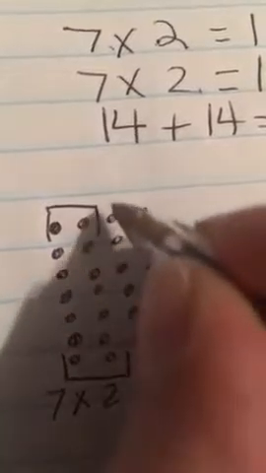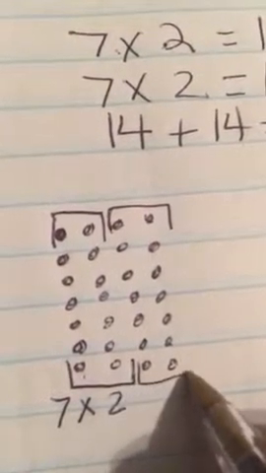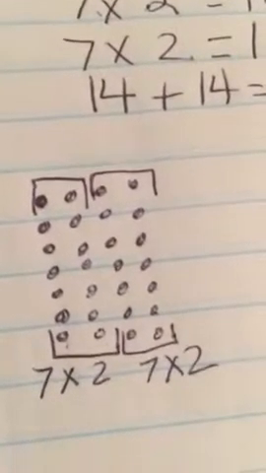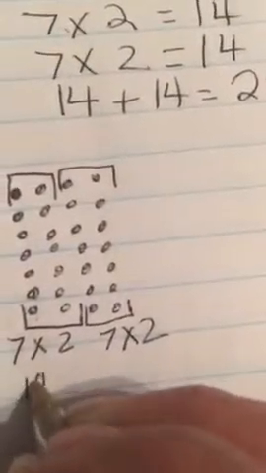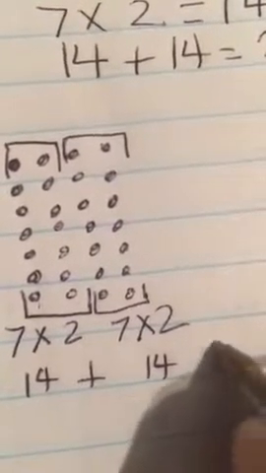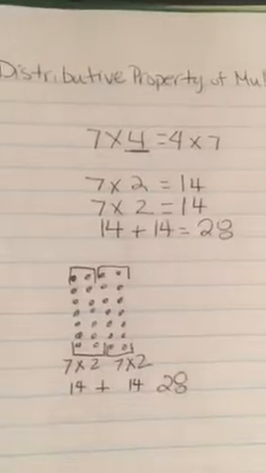That's how I would get my 14, and then this is again broken up, so that would be 7 times 2. So that's where I would get the product of 14 and 14, and then I would add those up and get 28. So that's an easy way for us to do it.